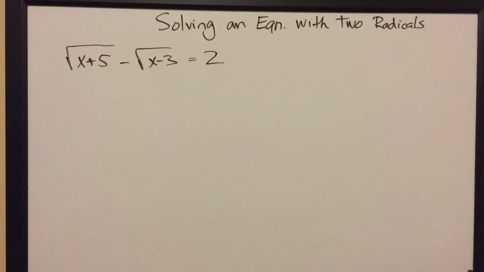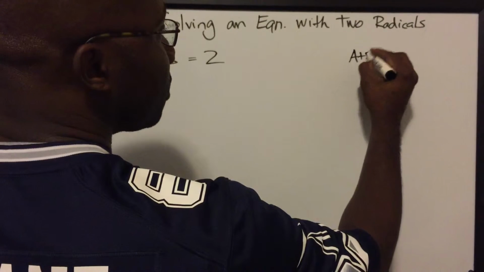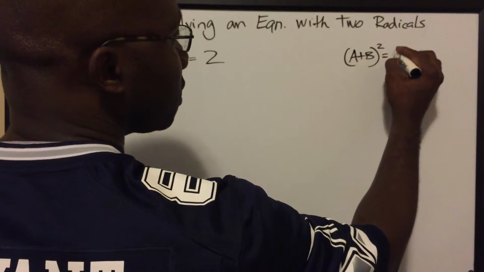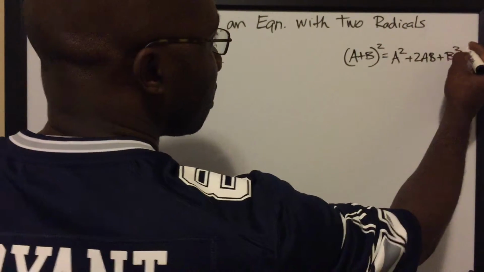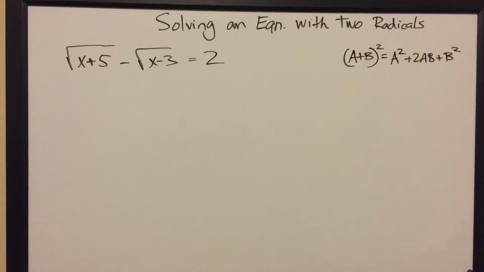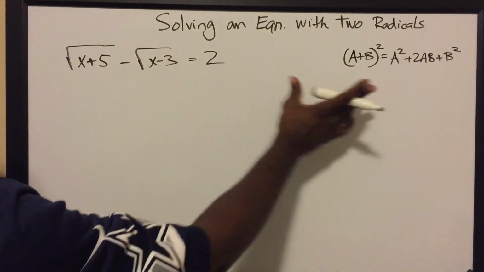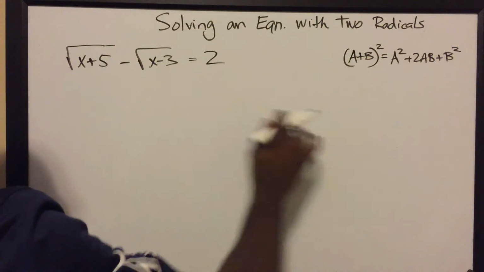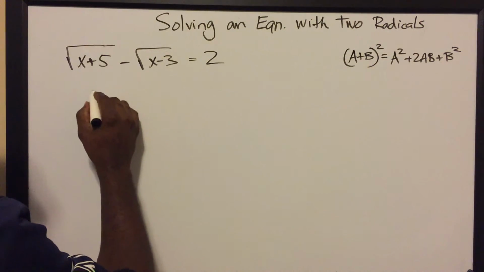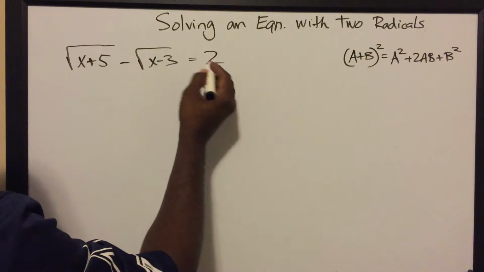So we're going to use a formula when we get around to it, a formula that says a plus b squared is equal to a squared plus 2ab plus b squared. But we're going to hold off and wait till we get there. I just want to write it for reference. So now we have square root of x plus 5 is equal to 2 plus square root of x minus 3.